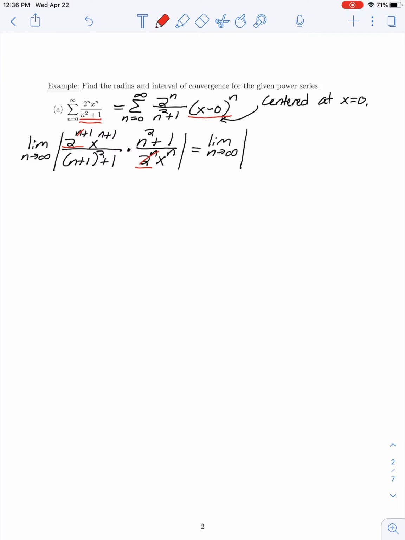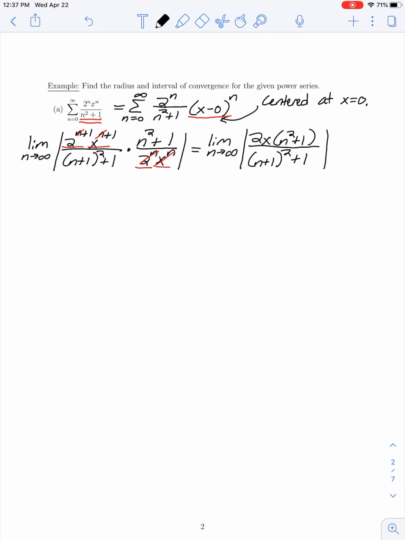I also have an x to the n plus 1 over x to the nth. So if I cancel n factors of x, I have x to the first in my numerator. So for our numerator, we have 2 times x times n squared plus 1. And then we are dividing by n plus 1 quantity squared plus 1.